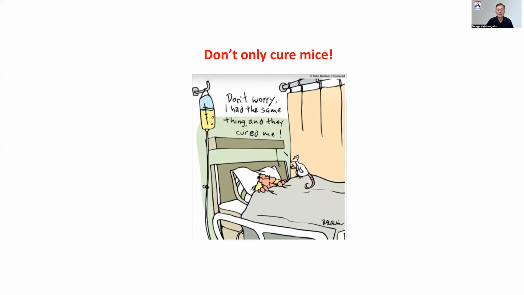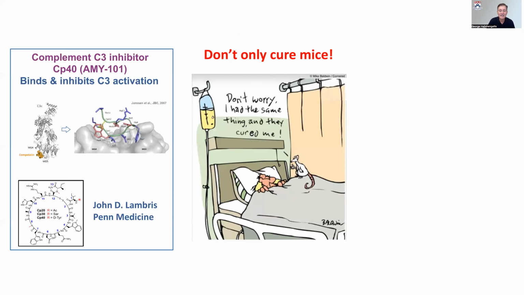So we have seen that we can protect mice from periodontal disease, but our ambition goes beyond that. And we set out with John to treat human periodontal disease. So John is an inventor of complement inhibitors, and one of which inhibits the activation of C3.